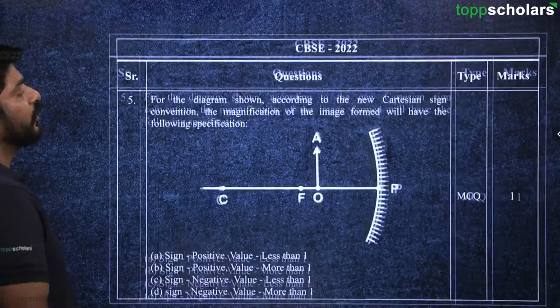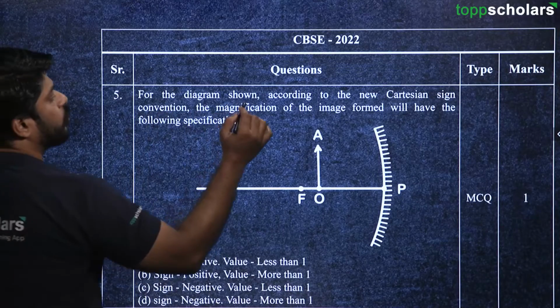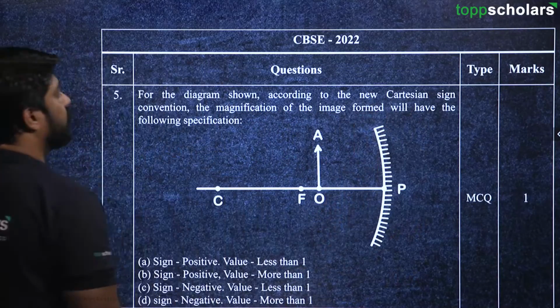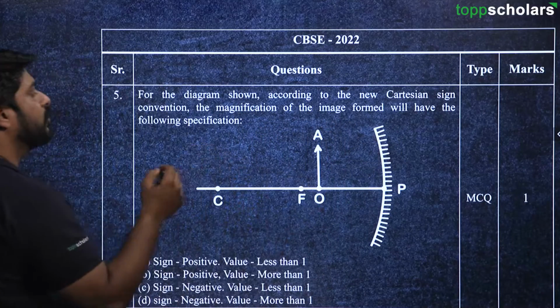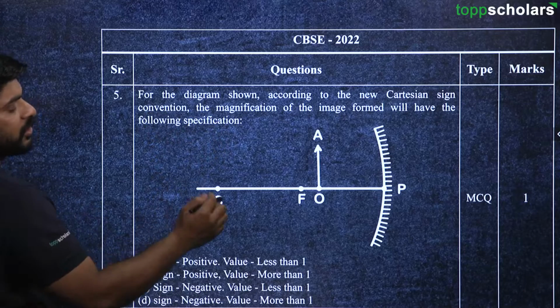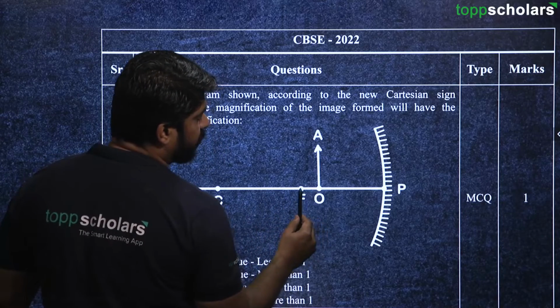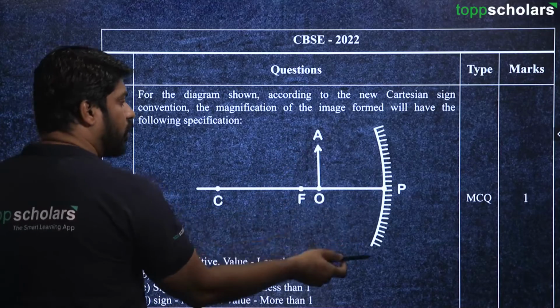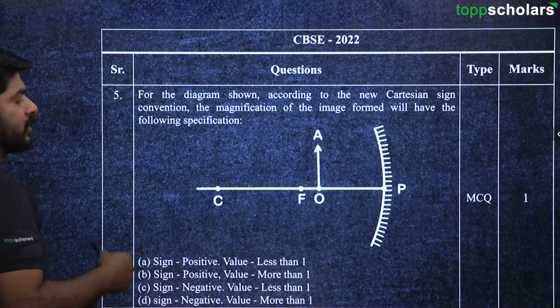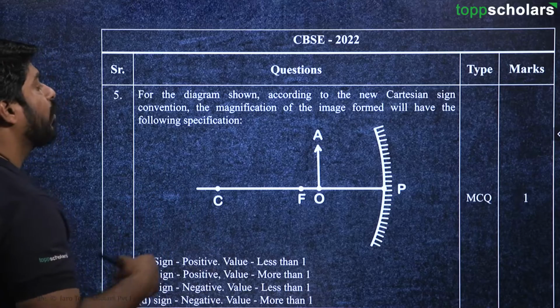Moving on to the next question. For the diagram shown, according to the new Cartesian sign convention, the magnification of the image formed will have the following specification. Here the object is placed between F and P. In that case, in case of this concave mirror, what happens? We have to find out.